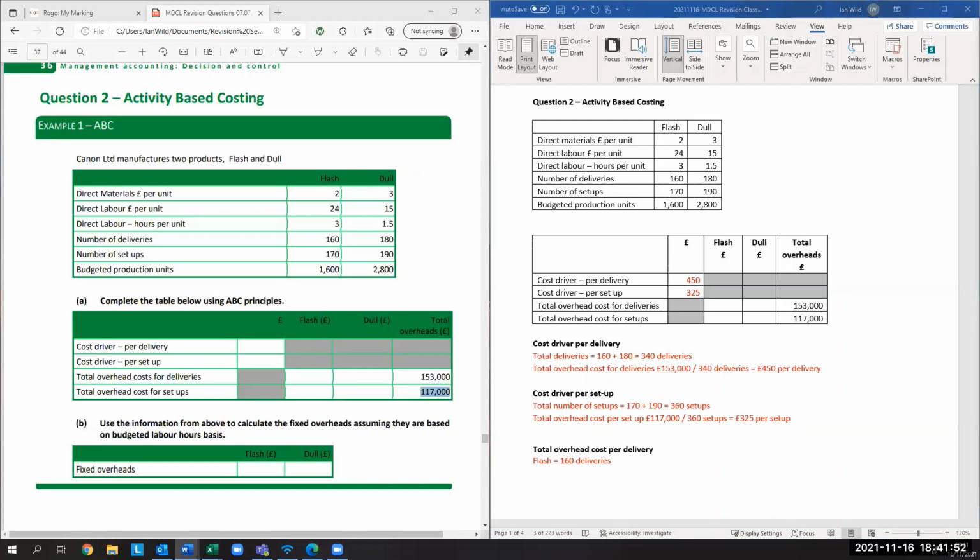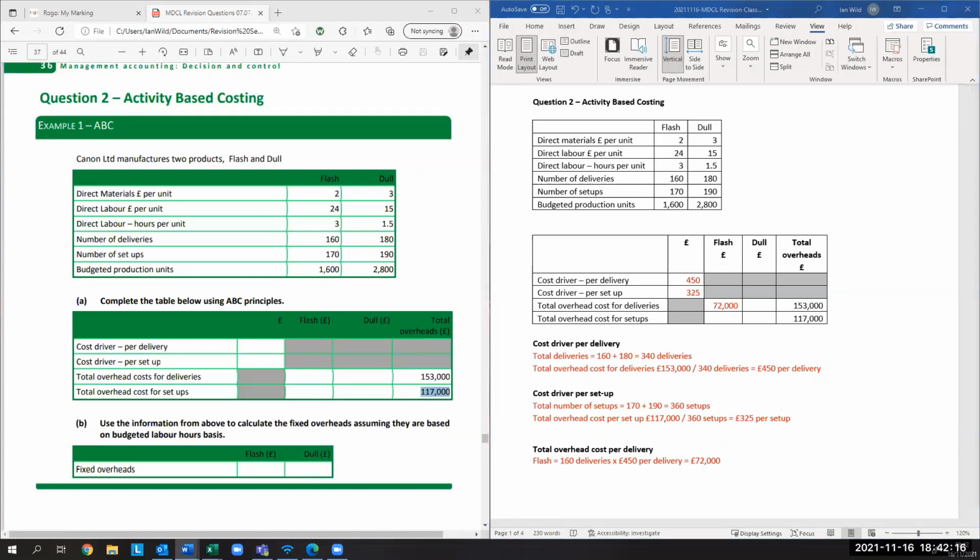So 160 deliveries multiplied by £450 per delivery. So 160 times 450 gives us £72,000 for Flash. So we'll pop that in there straight away. As Delia's already seen on the screen, she's worked that one out for us. So that's great. Thank you very much.